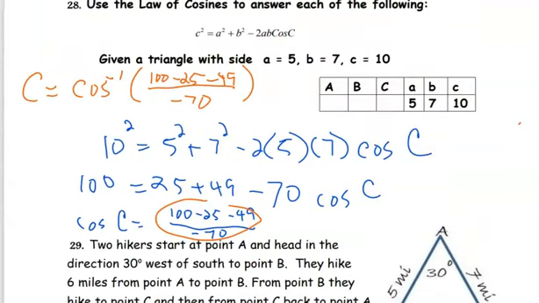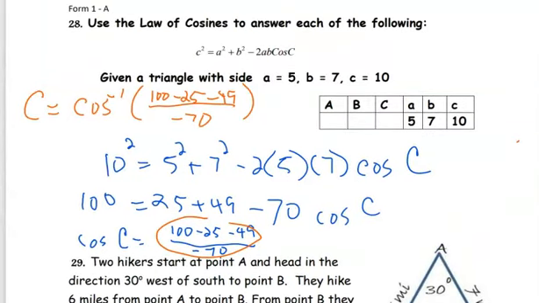So in order to do that, for lowercase a, it's going to equal b squared plus c squared, subtract 2bc times the cosine of angle A. And then B is going to be the same thing.